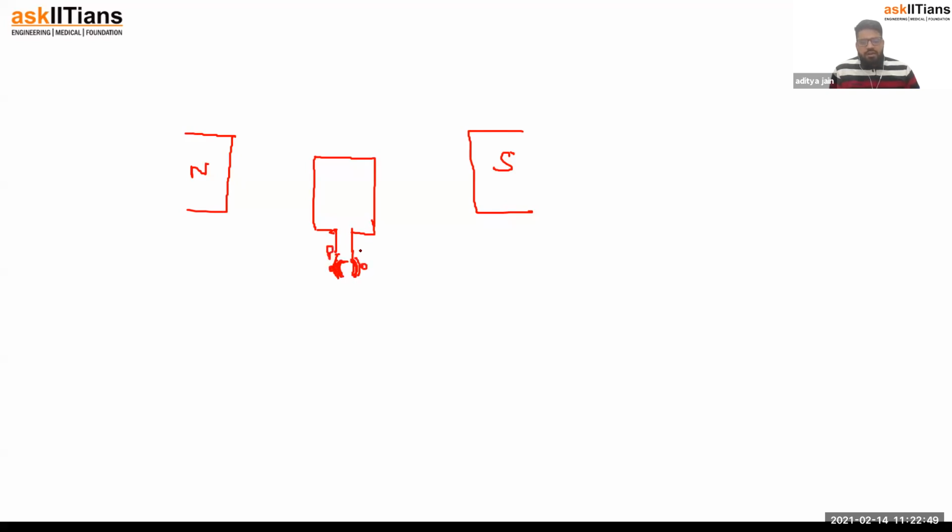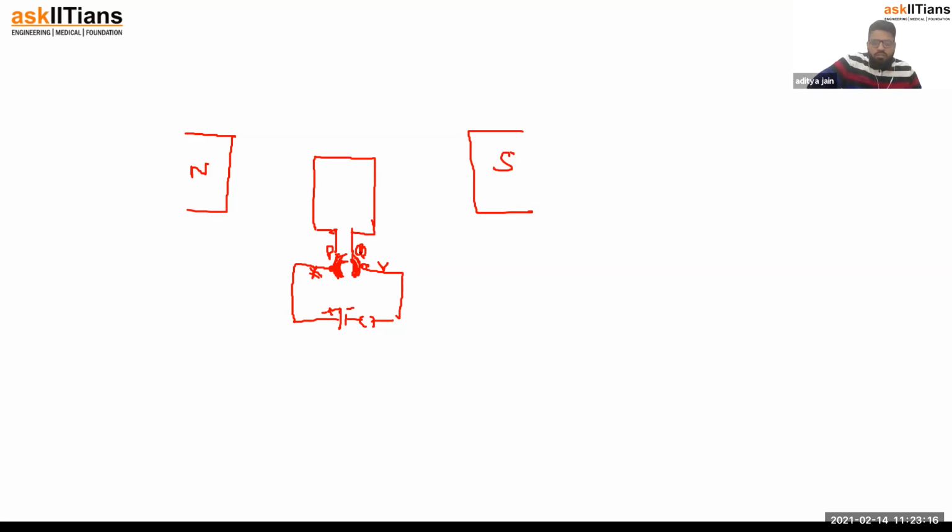Suppose this is split ring P, this is split ring Q, and these are connected to carbon brushes X and Y. Through these carbon brushes, the external circuit is present from which the current will flow. X is connected to the positive terminal and Y is connected to the negative terminal of the battery, and P and Q are the split rings. They move along with the coil.